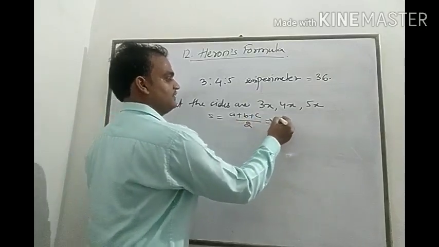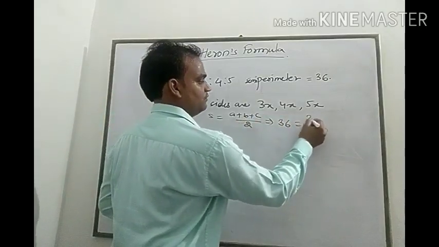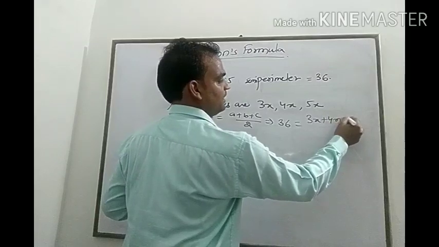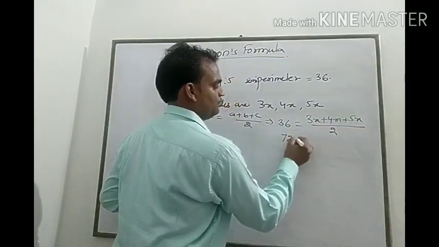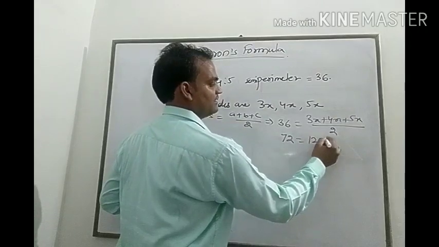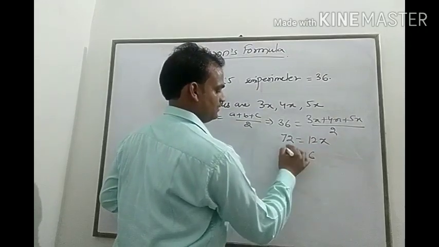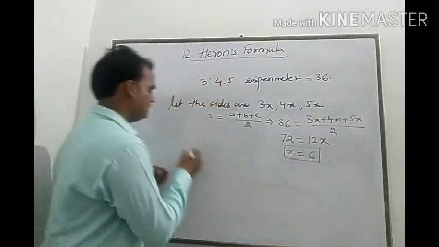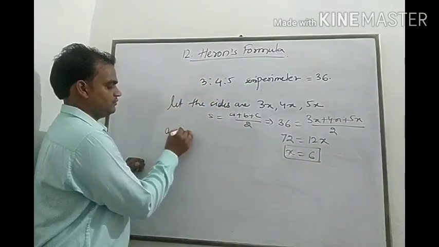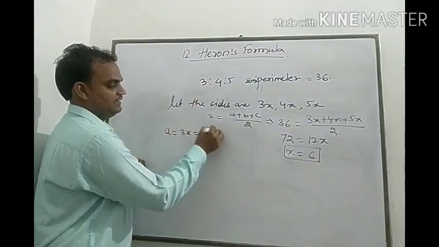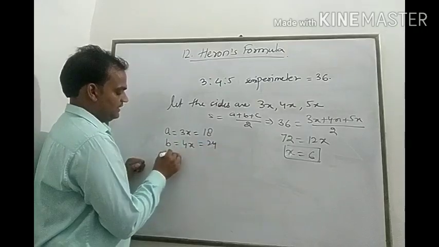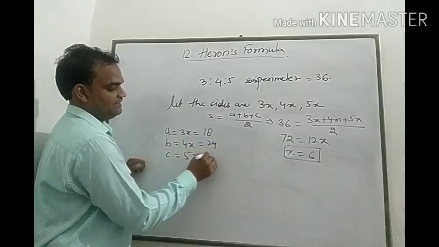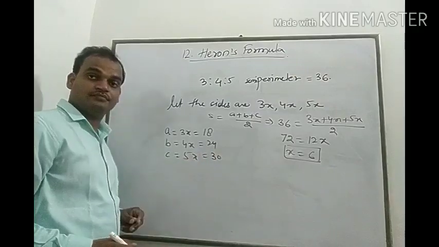That means 36 equals 3x plus 4x plus 5x upon 2. That means 72 equals 12x and x equals 6. That means A equals 3x, that is 18, B equals 4x, that is 24, and C equals 5x, that is 30.